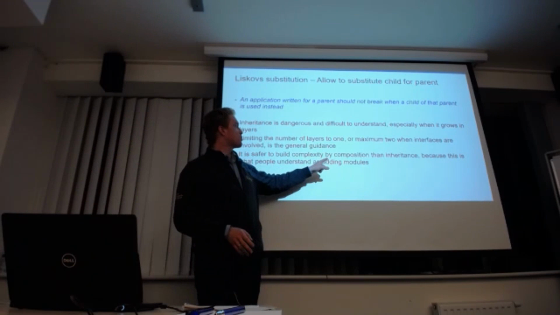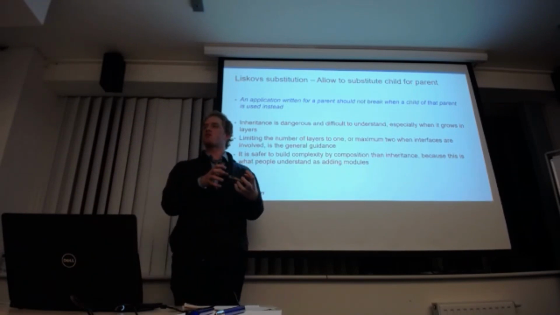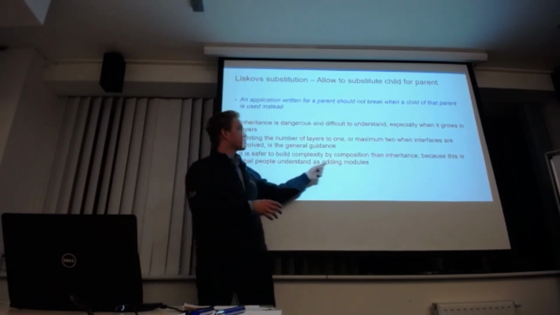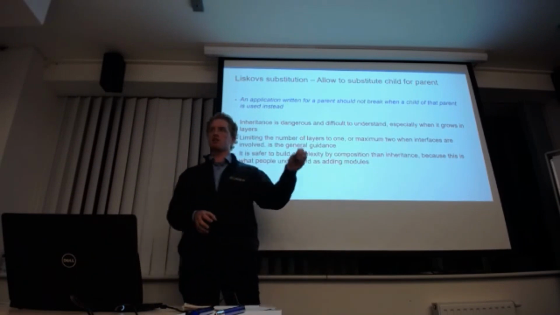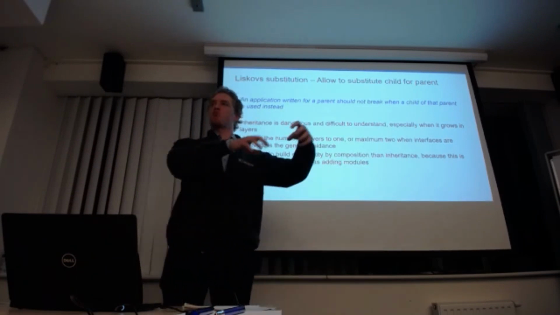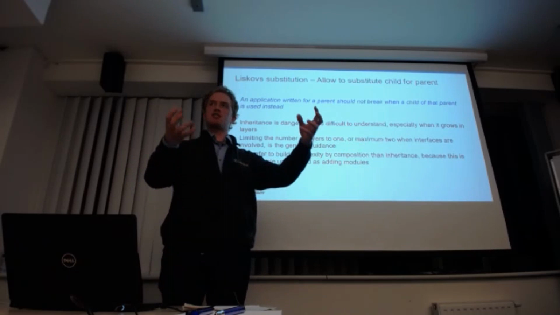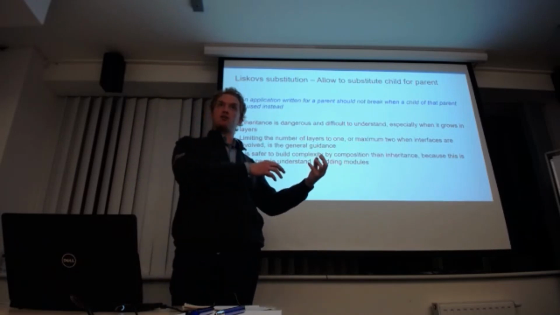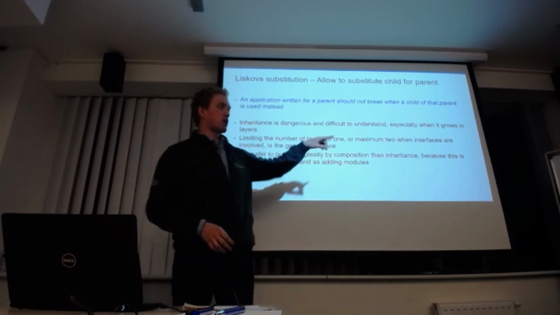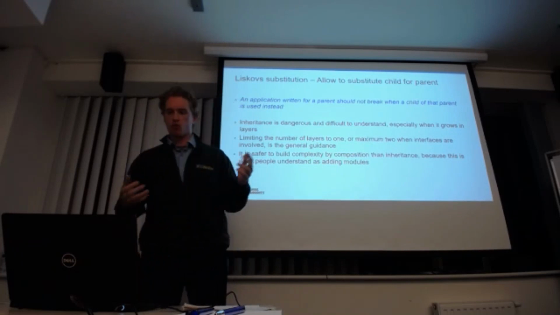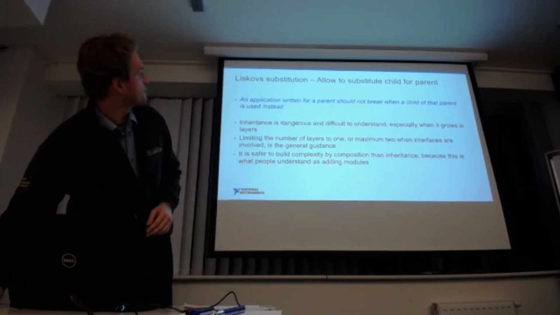And it is much safer to add complexity into your application by composition. So one class is composed of multiple other classes. Inside of its data, it has other classes, instead of using inheritance for those exact reasons.